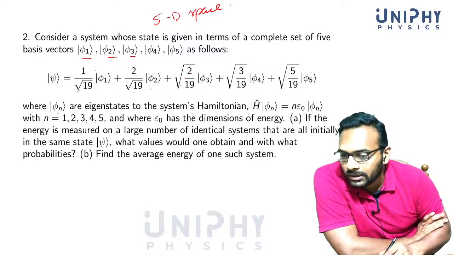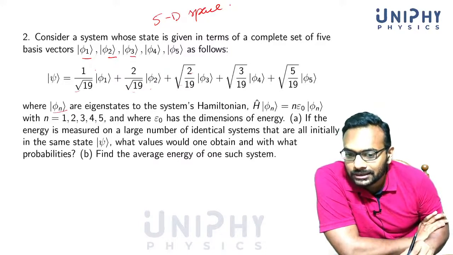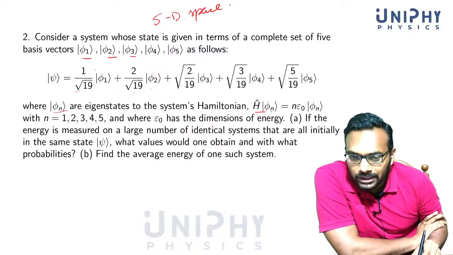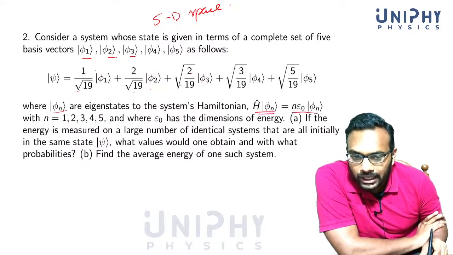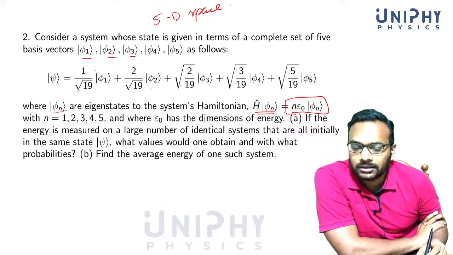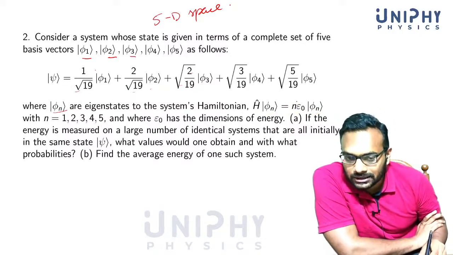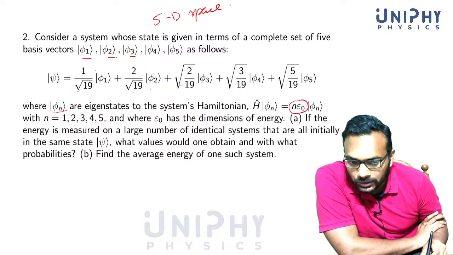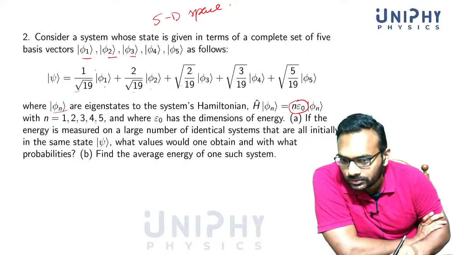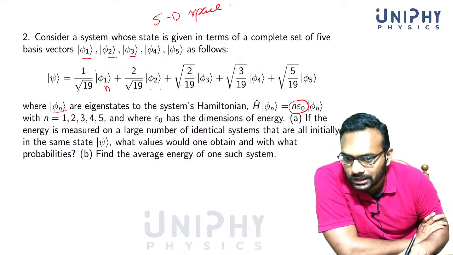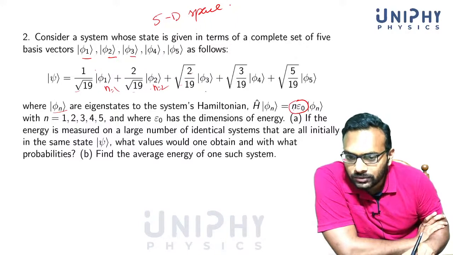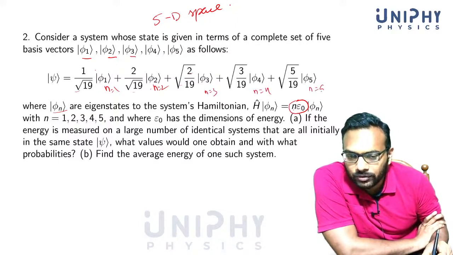And it's given that phi n are the eigenstates of the system's Hamiltonian: H cap phi n is equal to n epsilon 0 phi n. So the eigenvalue equation is given, and they have given us a rule to calculate the eigenvalues. We assume this n corresponds to n equal to 1 for this state, n equal to 2 for this, n equal to 3, and for this n equal to 4 and n equal to 5.